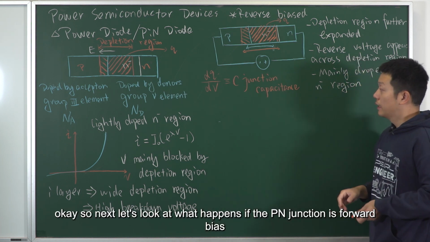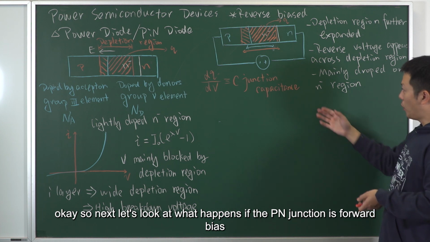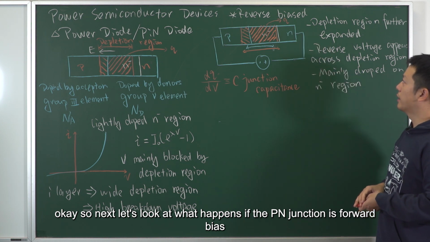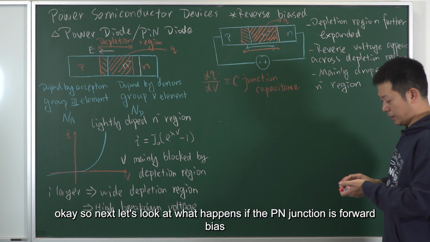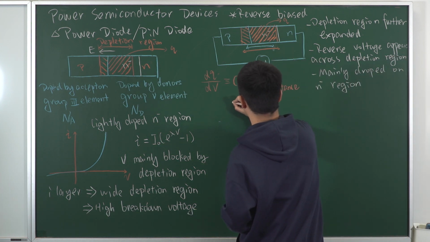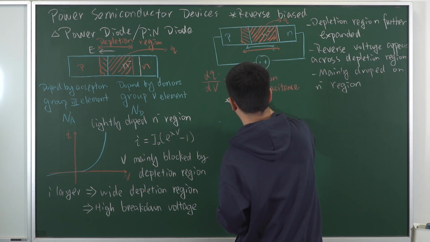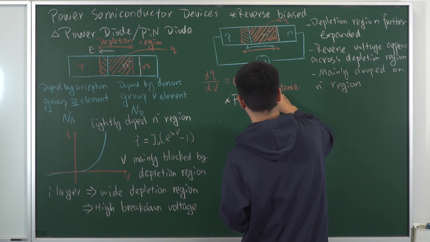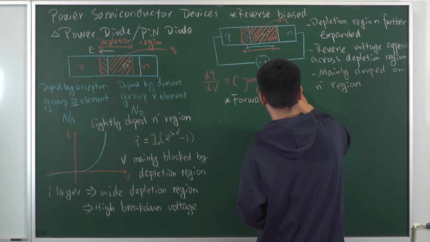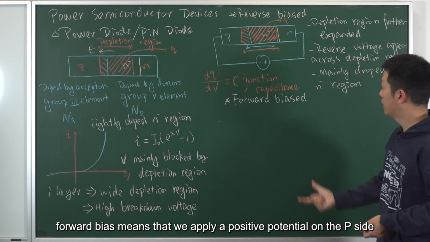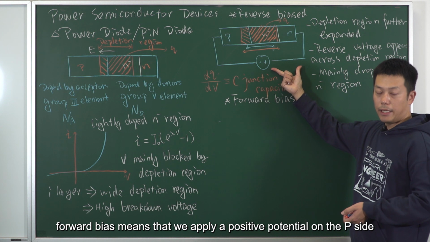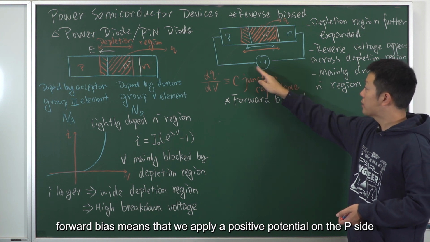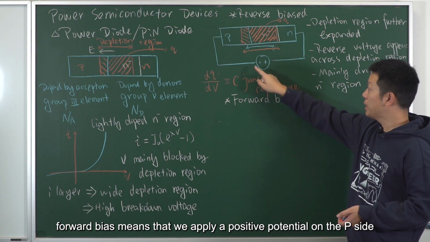Okay. So next, let's look at what happens if the p-n junction is forward biased. Forward biased means that we apply a positive potential on the P side.